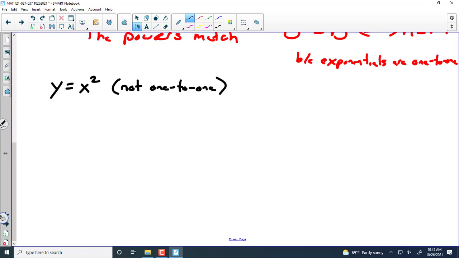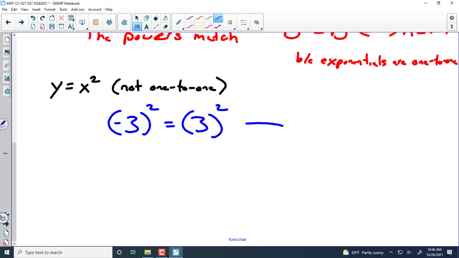Now watch this, everyone. Is this a true statement? Yes. Negative 3 squared is the same as 3 squared. That works because I use the parentheses. Does that imply that 3 and negative 3 are the same number?